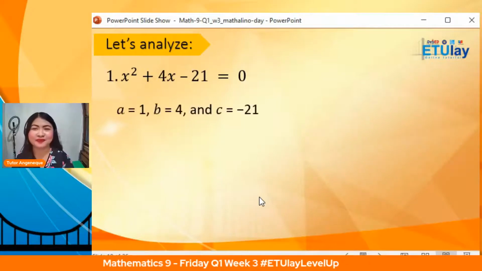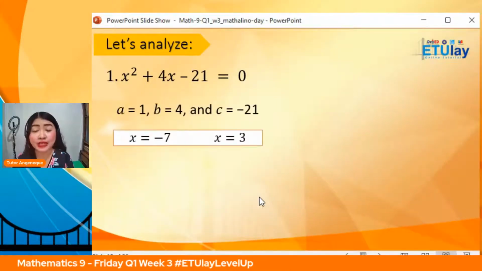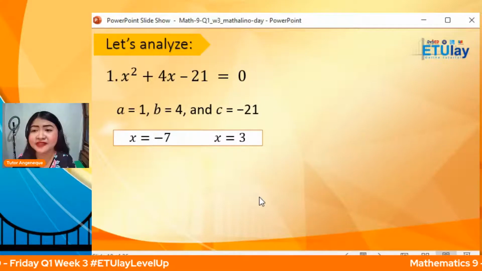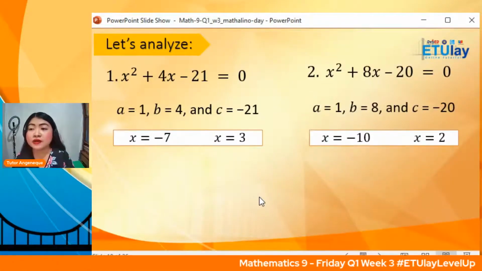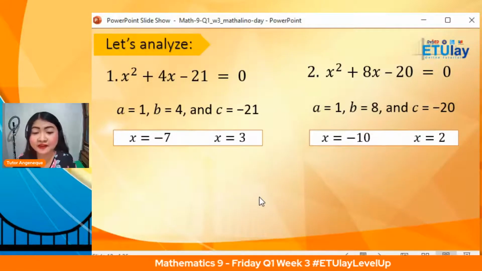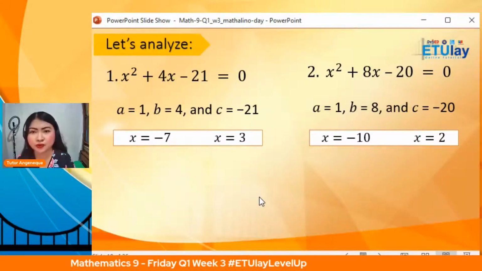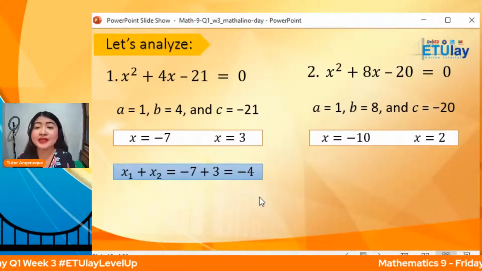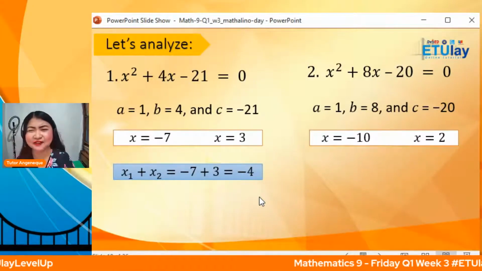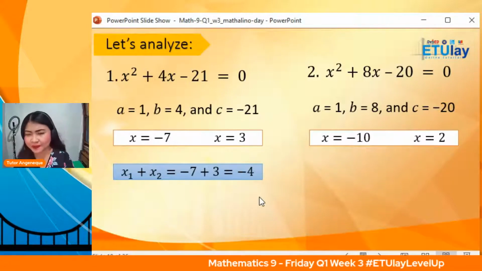Number 1. We answered a while ago, the solutions are negative 7 and 3. In number 2, solutions are negative 10 and positive 2. Now, what if we add the roots? Negative 7 plus 3 is negative 4. Ano yung napapansin nyo?